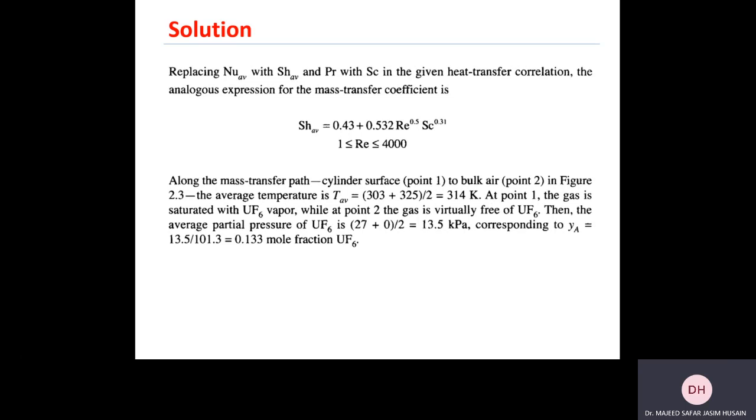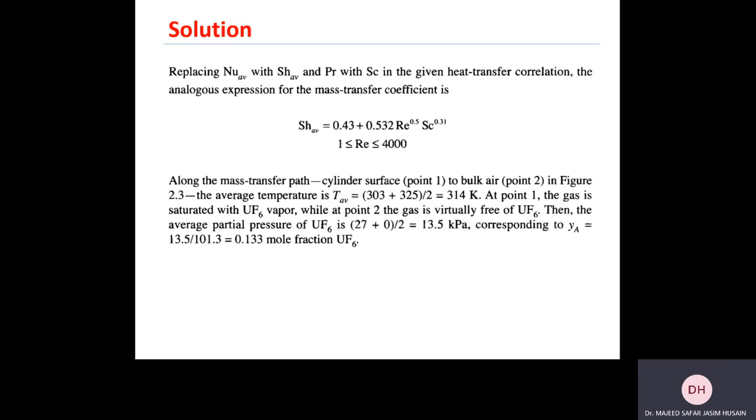The power stays the same, and the range of the Reynolds number stays the same. Now, we did the first step. We are supposed now to do some other things. That means we have to find some physical properties, the diffusion coefficient, etc.